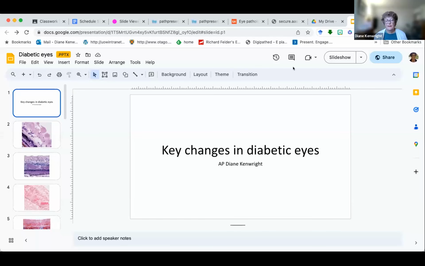All right, this pasted in now is the actual talk. Good. And I'll go to the talk. Slideshow. Zoom. Share screen. Diabetic eyes. Right, that's good. Slideshow. Perfect. There we go. All right.